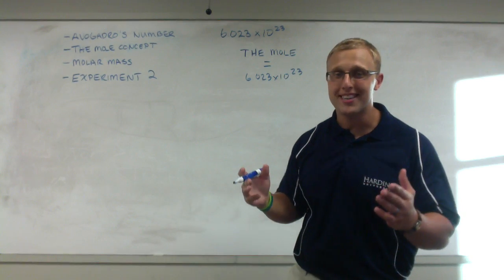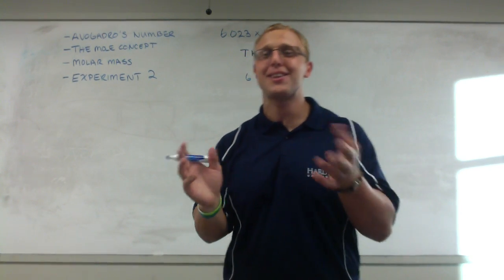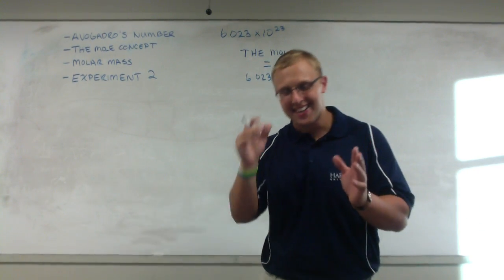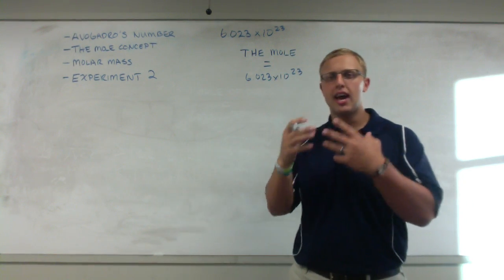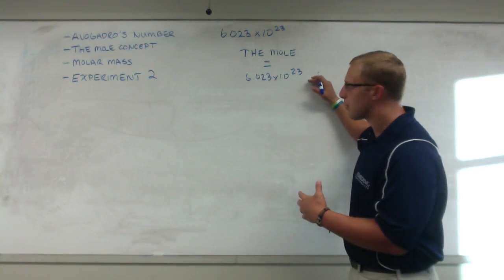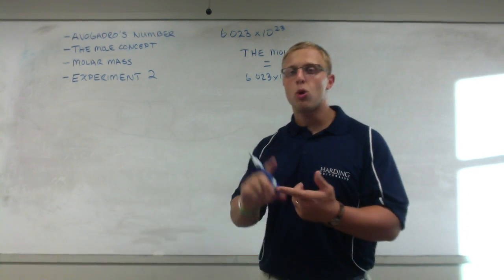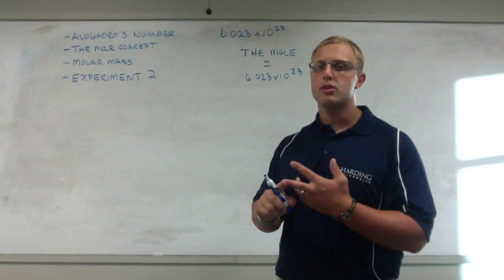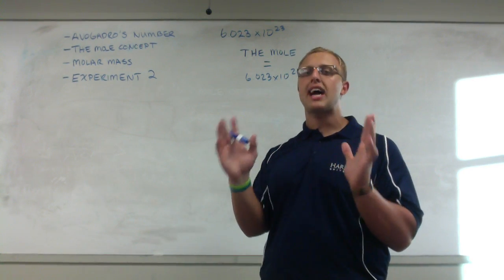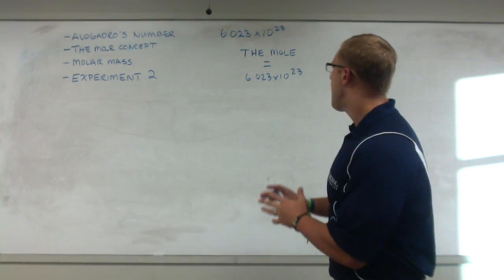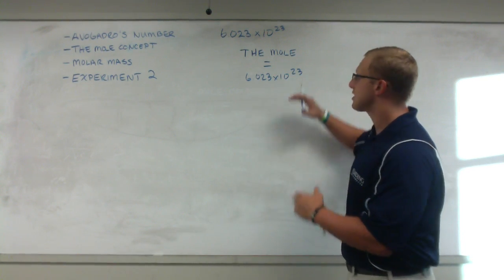Because we don't always want to say 6.022 times 10 to the 23rd. We don't always want to say that, right? So using a mole to describe this number is a very useful thing, right? Because we'll use molar masses. We'll use mole fractions. We'll use all kinds of things that involve the mole and that unit describes this number.